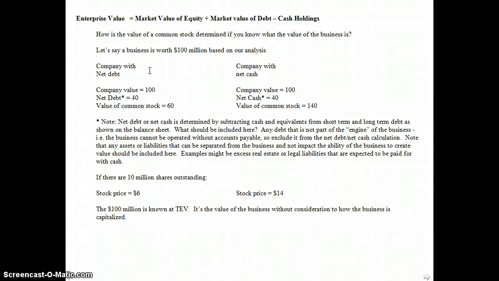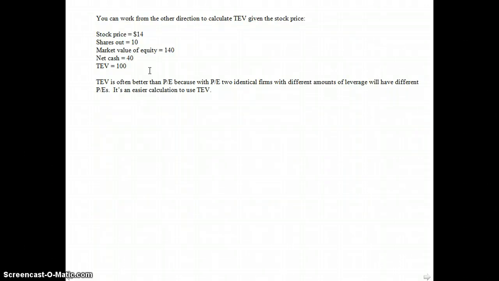So let's move to another page here, a little bit farther down on that page. If you have a stock share price and you want to determine what the enterprise value is, you start with that share price and say, I have $14 a share, I have 10 million shares out, therefore the market value of equity is $140 million, and of that, $40 million is cash.